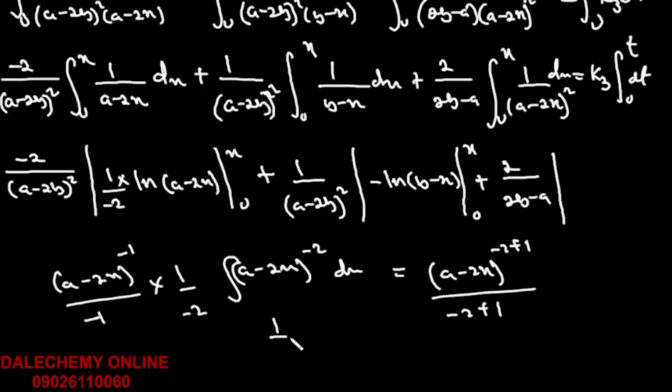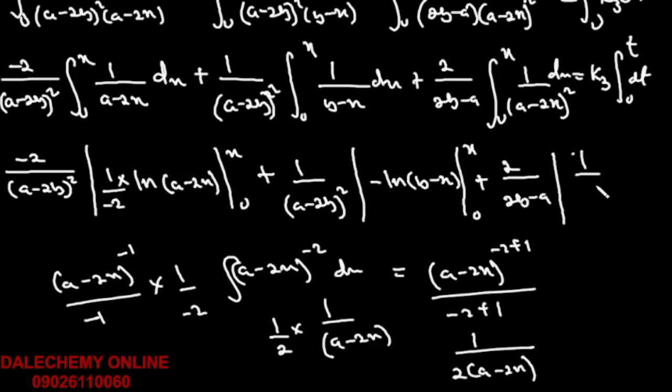So the answer will be 1 over 2 times 1 over (a minus 2x). So the answer will simply be 1 over 2(a minus 2x). Good, so that's going to be the answer for that. So let's try and write it here: 1 over 2(a minus 2x) from 0 to x.